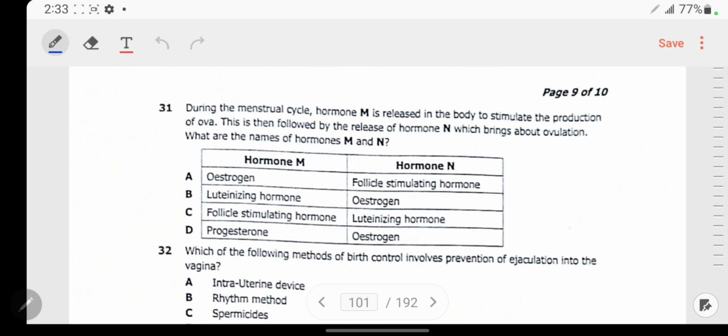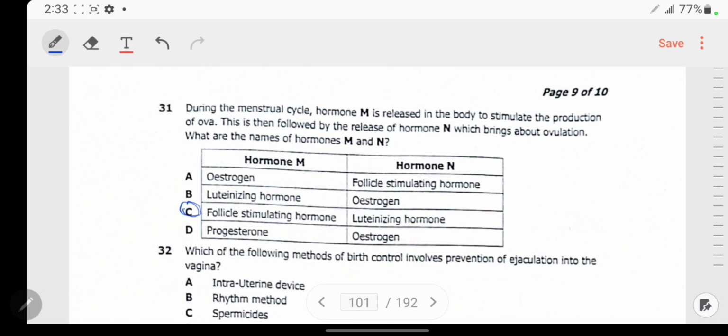If you look at hormone M, the one that leads to the production of the ova is what we call follicle stimulating hormone, which produces follicles that contain the ova. But away from that, we also know that hormone N brings about ovulation. What brings about ovulation is the luteinizing hormone, which corresponds to option C.